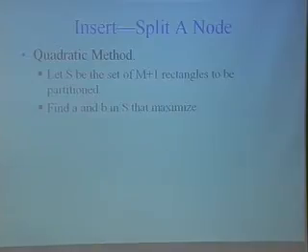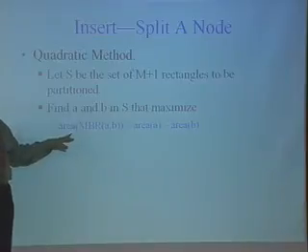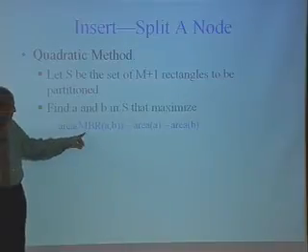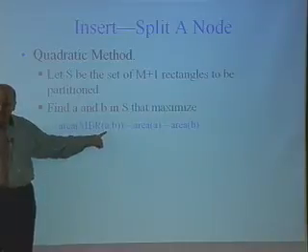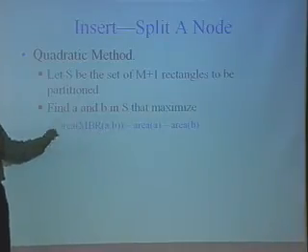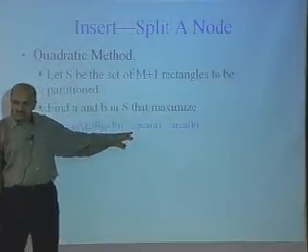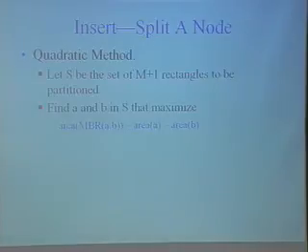The way I select the seed is by maximizing this function. What does this function give you? Here I've got the minimum bounding rectangle of the two seeds. Look at the area of that, and from that I subtract the area of each of the seeds. In some sense this measures the penalty associated with putting A and B into the same cluster.